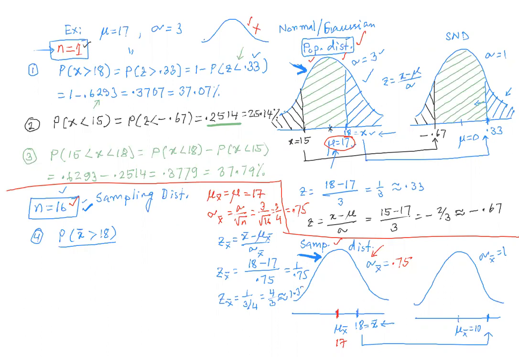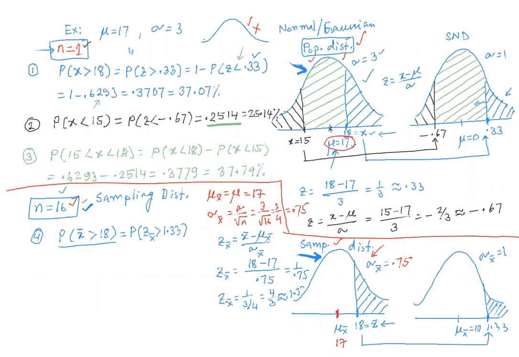So the probability of x bar greater than 18 is the same as the probability of z sub x bar being greater than 1.33. So we are looking for this area, which is equivalent to this area.